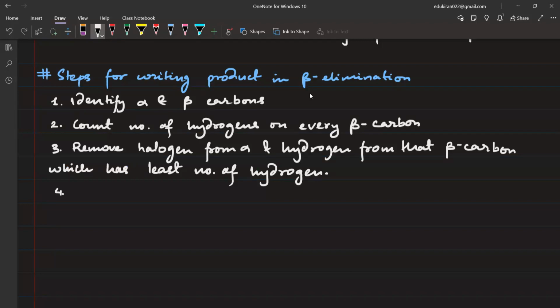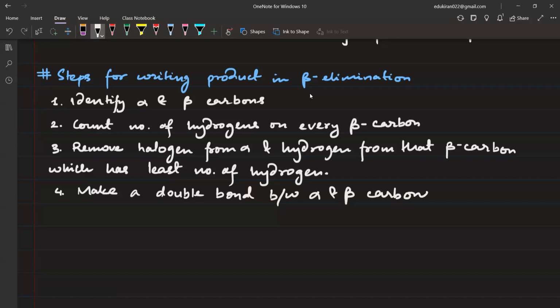And the last thing is that make a double bond between alpha and beta carbon. ठीक है. अरे कार्बन मतलब आप लोग सारे बीटा में बना दिया, अल्फा एंड बीटा.